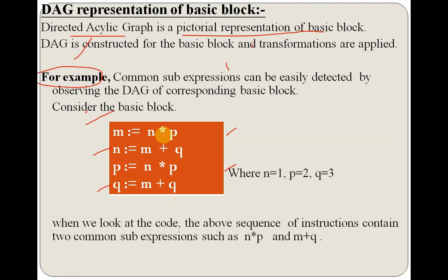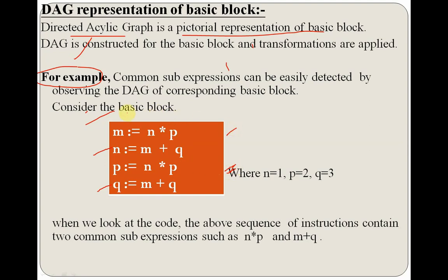So here, if we consider the first one, n into p, the value is calculated and stored in the variable m. And next time, in the third line, n into p is going to be computed again.